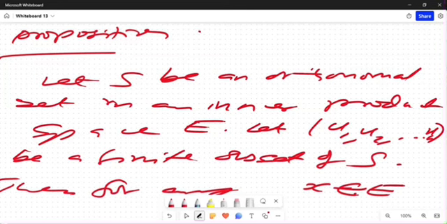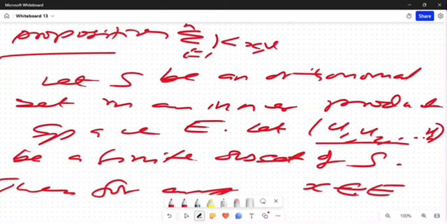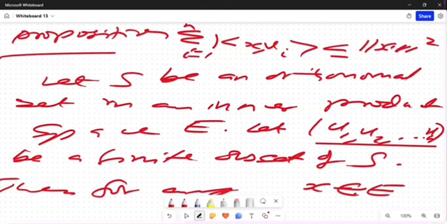You have that the summation, because it's finite dimensional, i counting from 1 to n of the modulus of the inner product of X and all the UIs, U1, U2 up to UN, is less than or equal to the norm of X all squared.